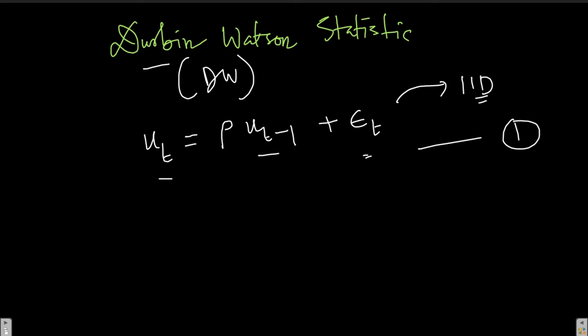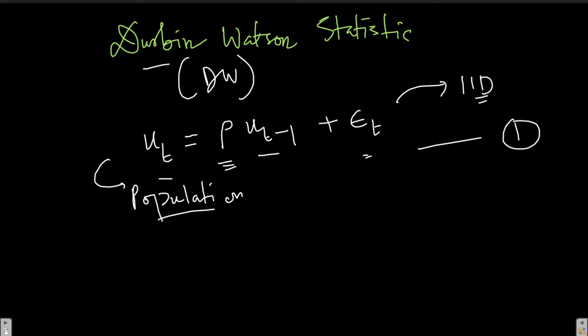Now we know that this is about the population, so we really cannot get ut or ut minus 1 or even the innovation term, because they are in the population, so we can never observe them. What we can do instead is use sample data to estimate something that will be representative of rho.